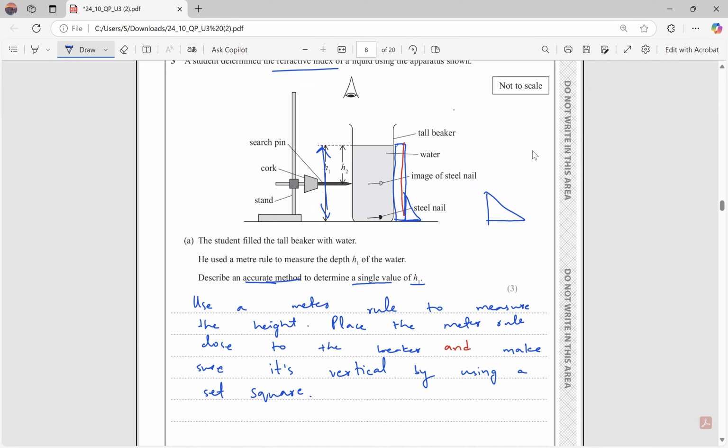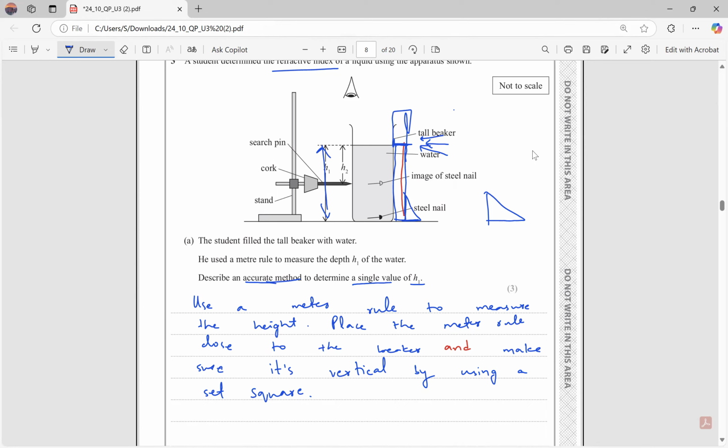What else? So the reading that you take from the ruler. Let me draw the ruler properly. So this reading is what you're measuring. Now, whenever you're measuring such a reading, it's very important that you look at it perpendicularly. So you look at it from here. If you look at it somewhere from above or somewhere from below, you will get a wrong value because of an error called the parallax error.